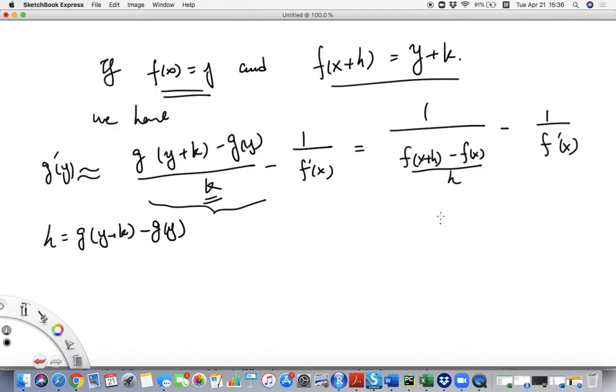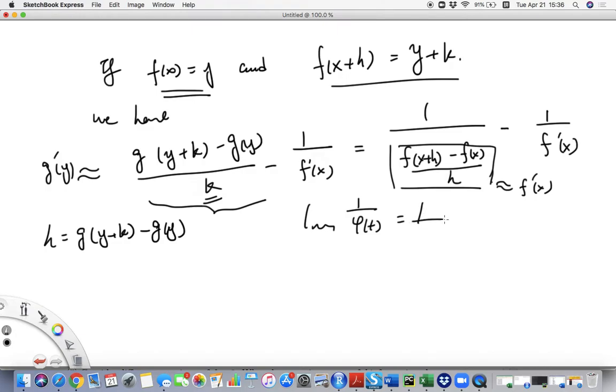All right, now let's look at this. That looks like f prime of x. In fact, the limit of 1 over phi of t is equal to 1 over the limit of phi of t, provided that the limit of phi of t is not equal to 0. Because we know f prime of x is strictly positive, so it is not equal to 0, we can move the limit over here.